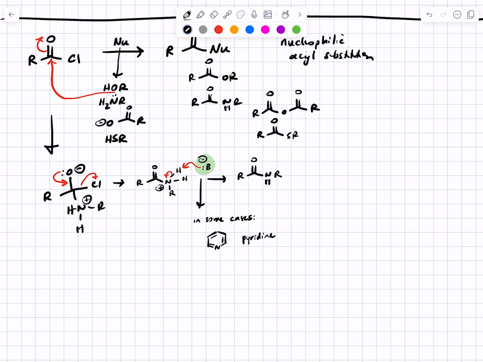I could show you similar things for the anhydride. You can use the anhydride in much the same way as you use an acid chloride. You can, for example, take an anhydride and react it with an alcohol or an amine. Usually you need a base to make this happen, but in any case, you can react an anhydride with an alcohol or an amine to get the corresponding ester or amide.